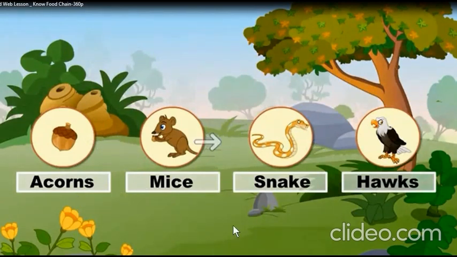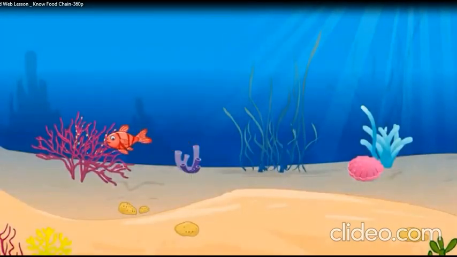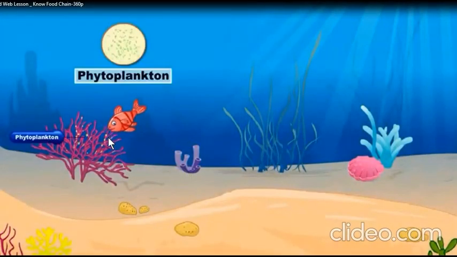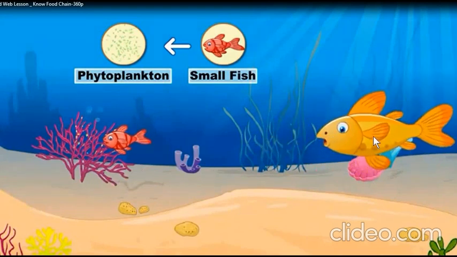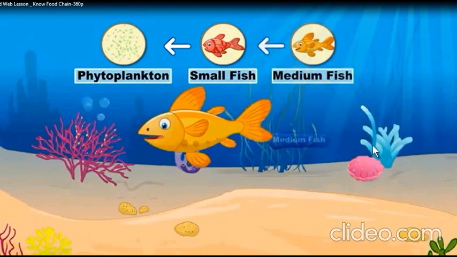We learned in the previous class that there are terrestrial and aquatic habitats. Let's take a look at a marine food chain. In a marine food chain, small plants called phytoplanktons are eaten by small fishes. What are phytoplanktons? Like algae or some microscopic organisms or the seaweeds. The small fish is eaten by a medium-sized fish.